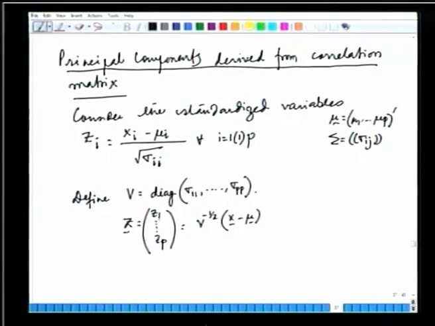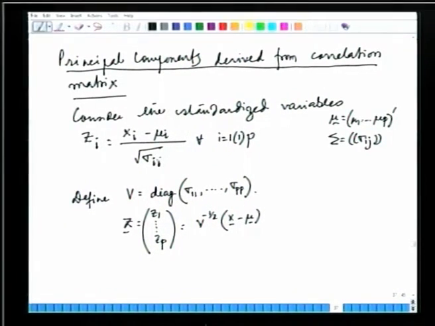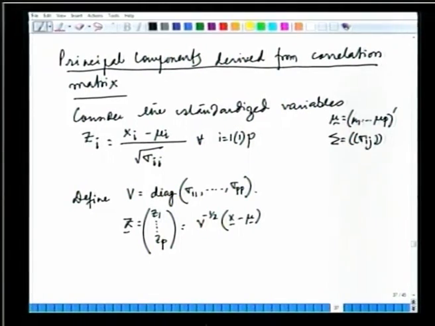So, I combine all these standardized variables in this Z vector using x's, mu's and these root sigma ii elements. Now, what is expectation of Z? As expected, because I have standardized, this is nothing but the null vector, because expectation of x is mu. And what is the variance covariance matrix of Z?